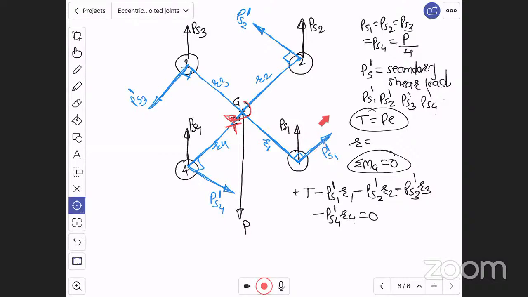PS1 dash to PS4 dash all create anti-clockwise torque, and applied torque is clockwise. Clockwise is positive, anti-clockwise negative. This is how we have to write the equation.